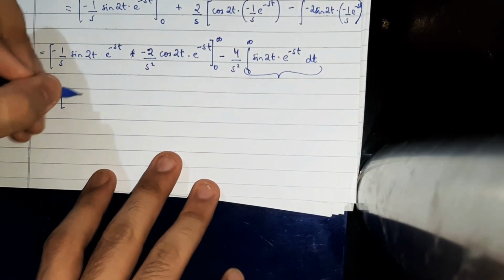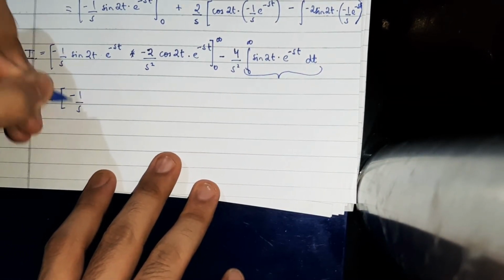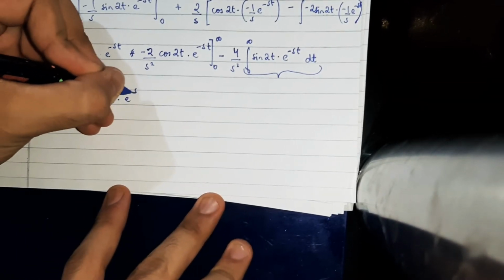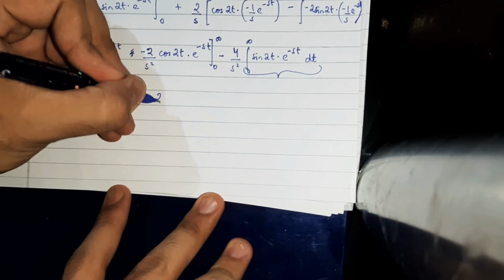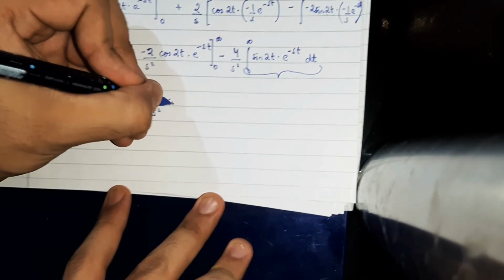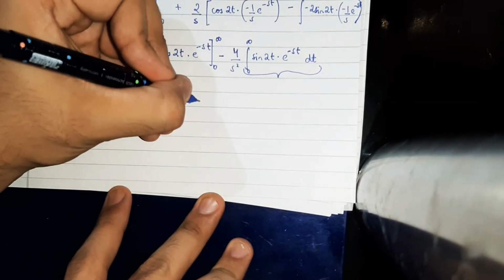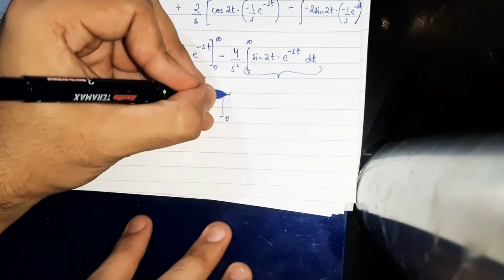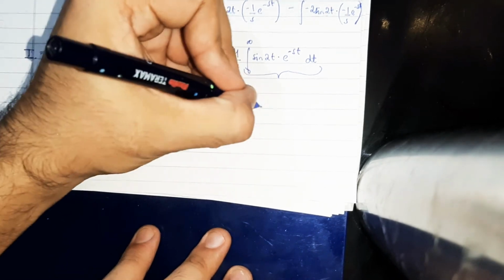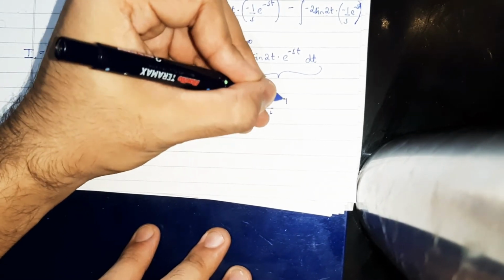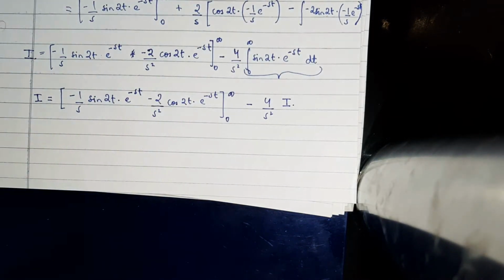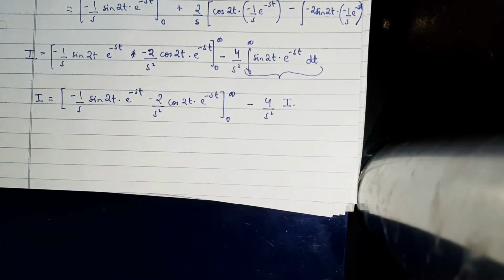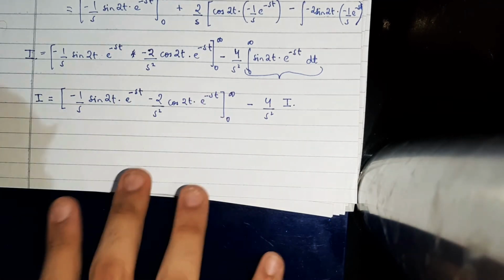Alright, so now we're left with minus 1 upon s sine 2t times e to the power minus st, minus 2 upon s square cos 2t times e to the power minus st within the limits 0 to infinity, minus 4 upon s square I. So I've written down this entire integral as I. Now we'll take this term to the other side.